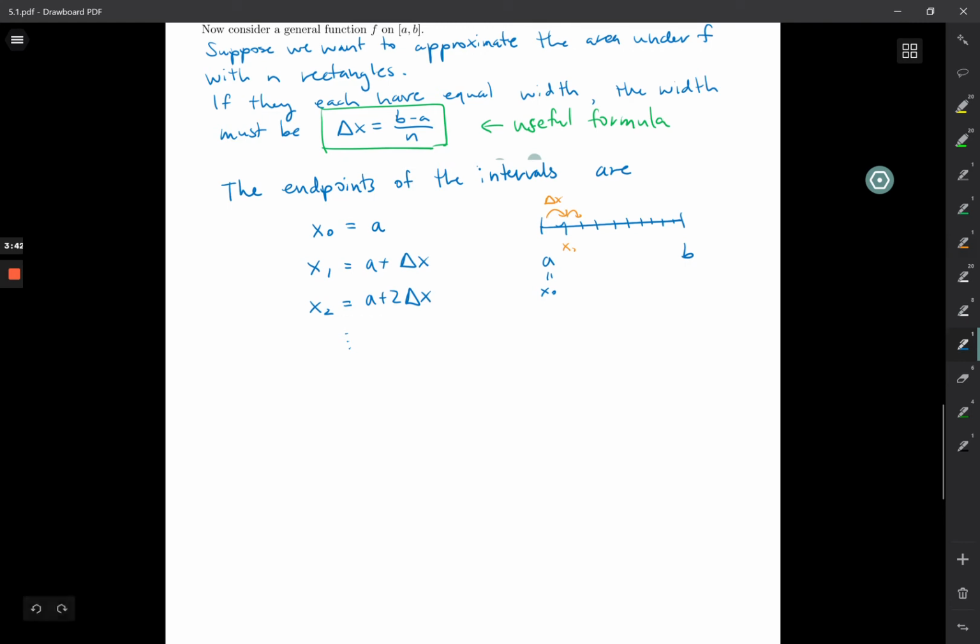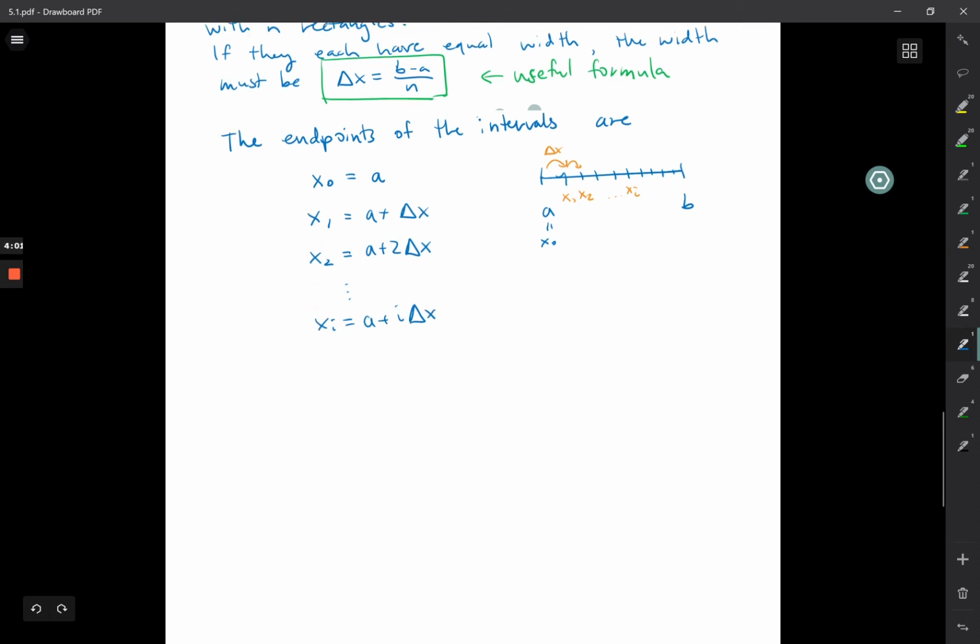So we got x1, x2. For an arbitrary endpoint, we usually use xi. So at some point in the middle, we're going to have xi, and that will be a plus i times delta x, right? And then we'll just keep going all the way until we get to the end, and we know that at the end it should be equal to b.